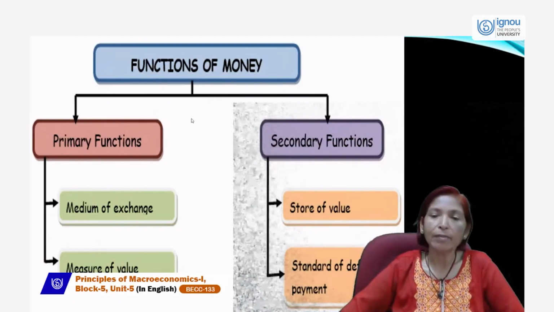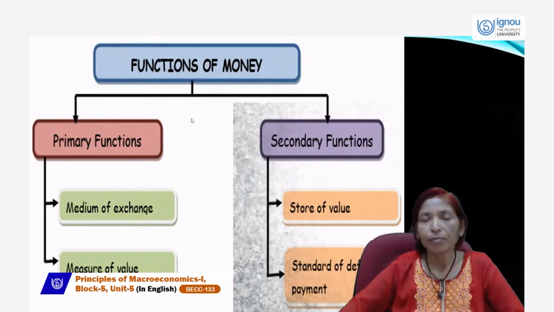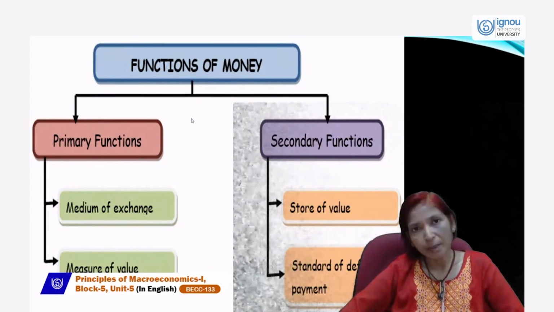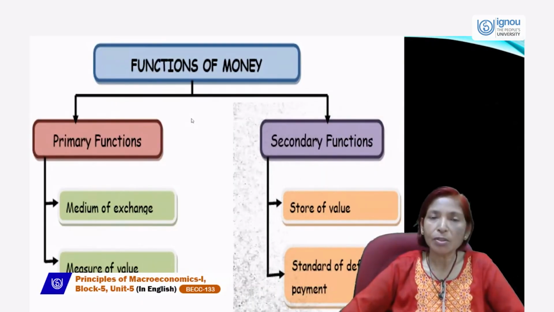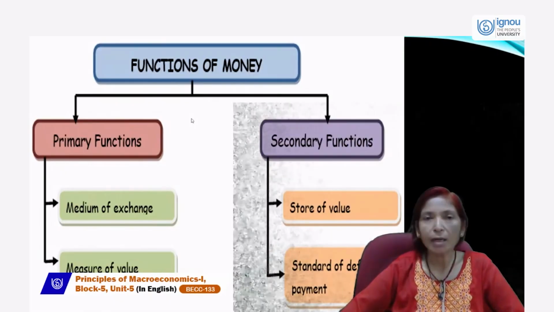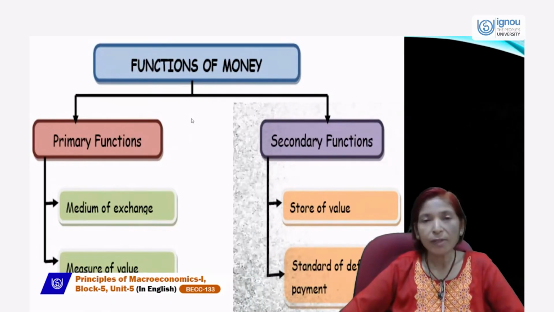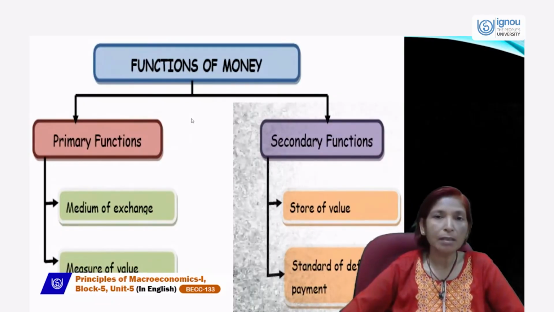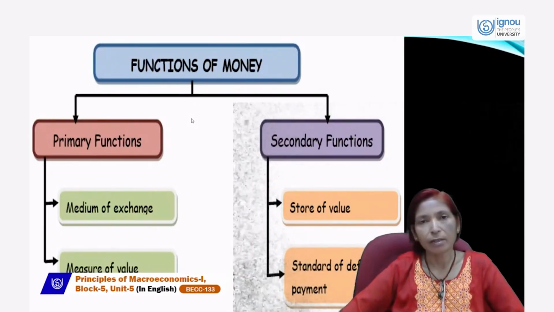And the third secondary function is transfer of value. Money can be easily transferable from one place to another place, one country to another country, but you can't transfer fixed assets like buildings, machines, or heavy equipment.